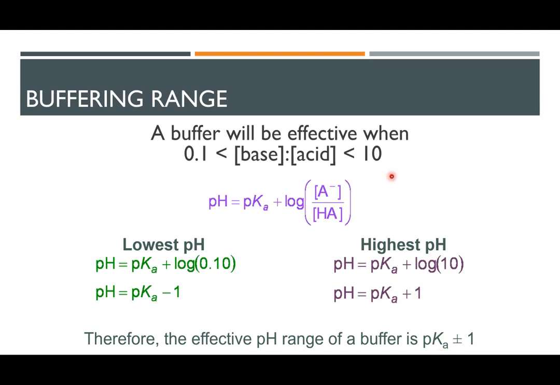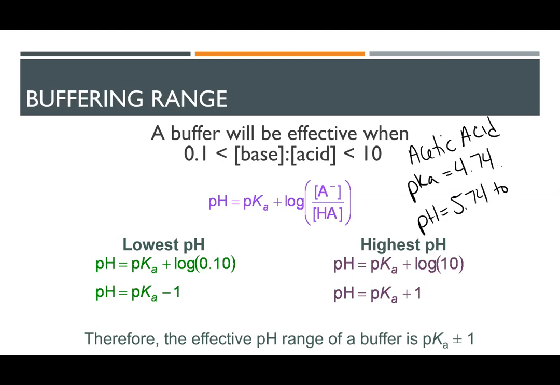So for example, the acetic acid buffer has a pKa of 4.74. That means this buffer will be effective between a pH of plus 1, so 5.74, to minus 1, 3.74.